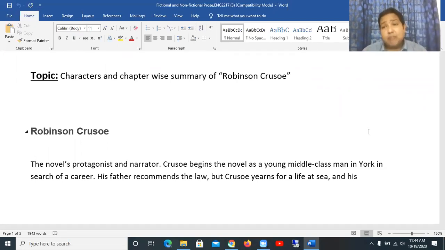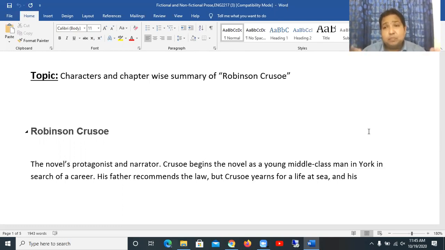So the writer himself describes the things, events, or a character does that on behalf of the writer. So Robinson Crusoe is the protagonist, is the hero, and also he is the main narrator. Through his description, we will learn the whole story.